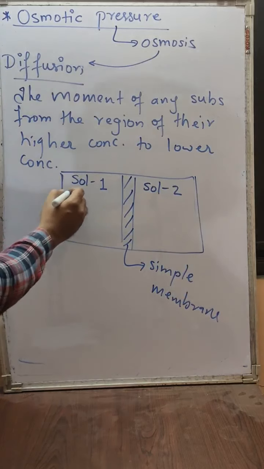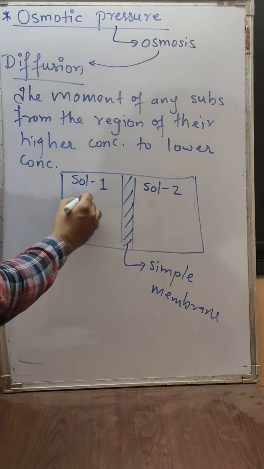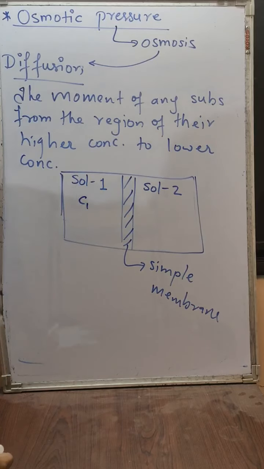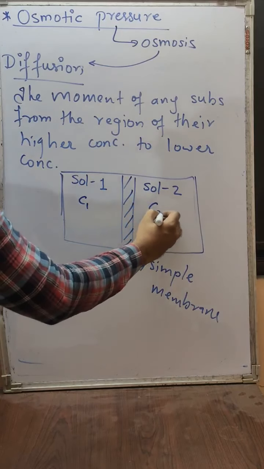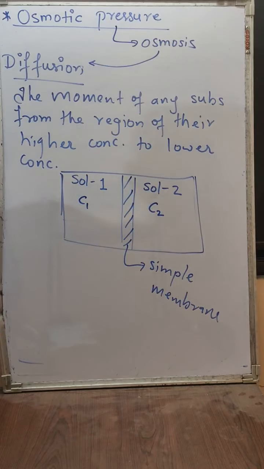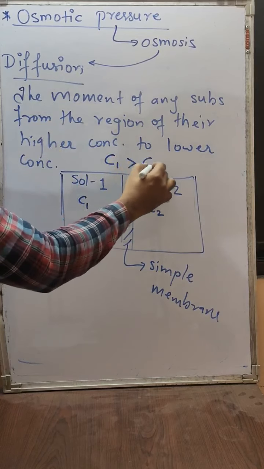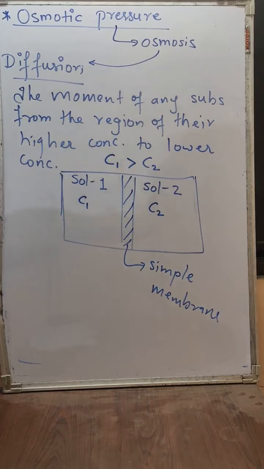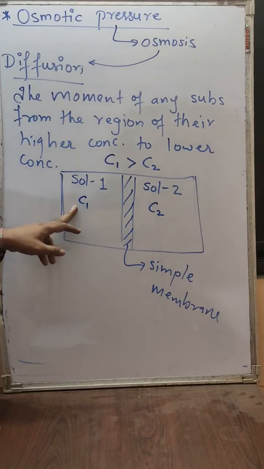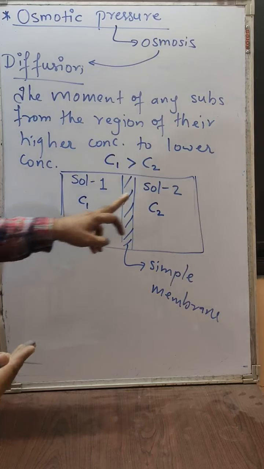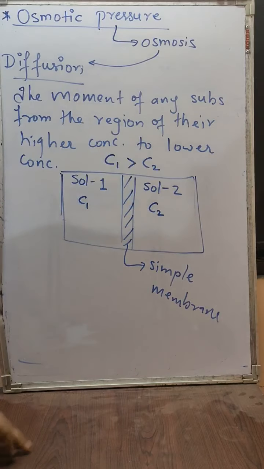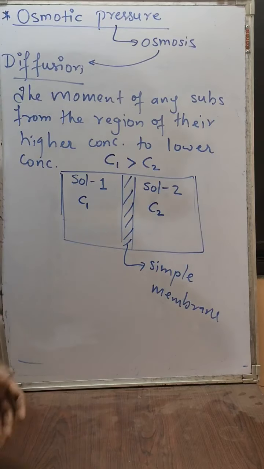Now solution 1, suppose, has a C1 concentration and solution 2 has a C2 concentration. Suppose we say C1 is greater than C2, meaning the concentration of solution 1 is greater than the concentration of solution 2, that is C2.